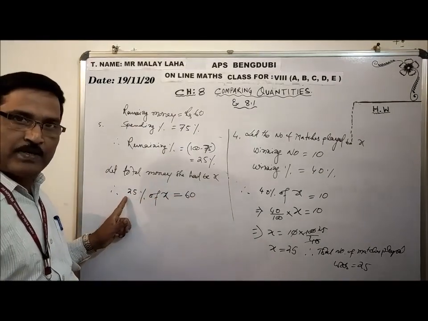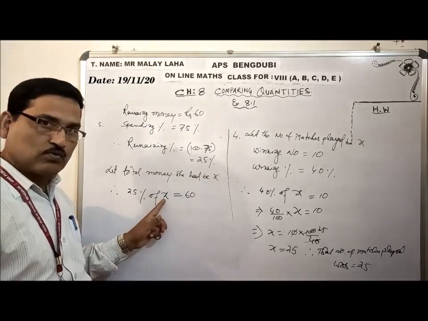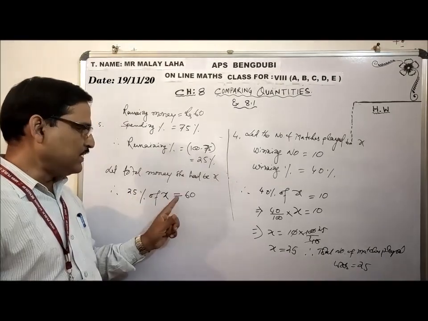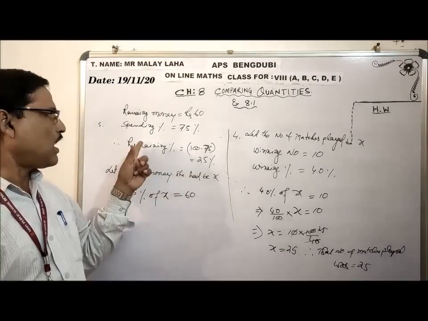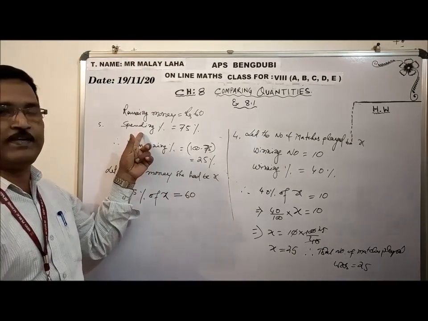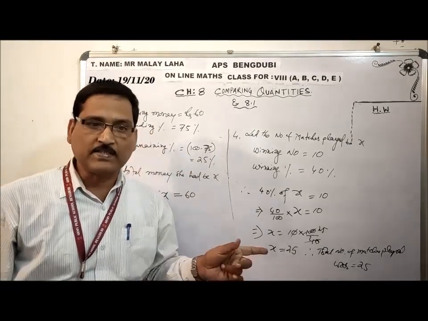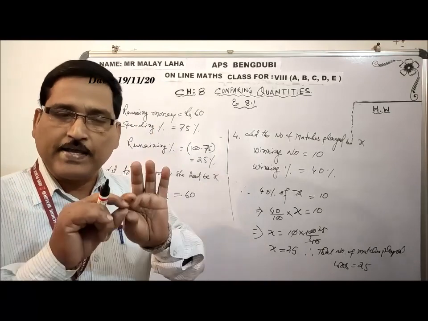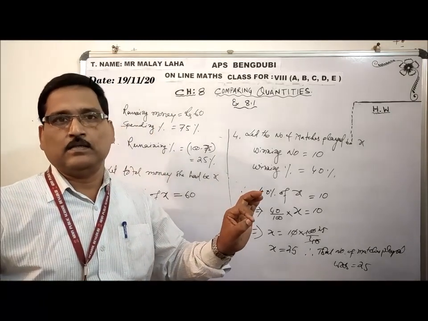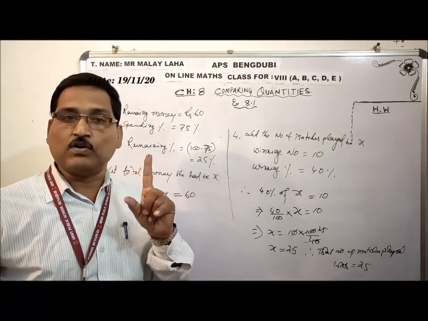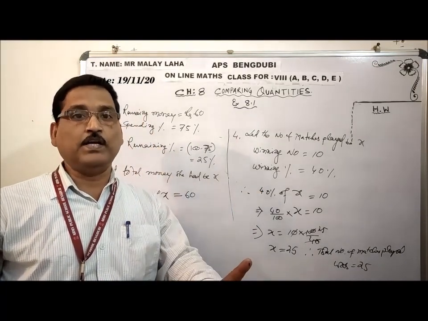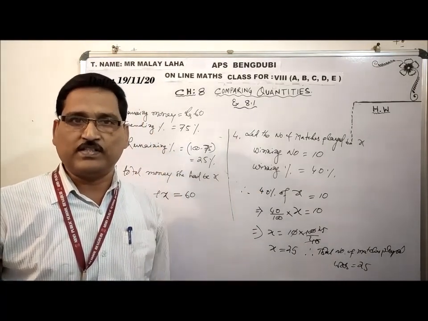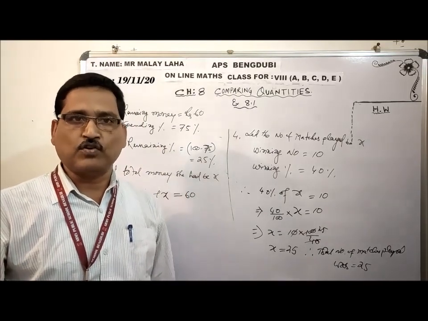This is the remaining percent of money, this is the total money, and the value of the remaining percent is 60. It is given in your book. But how did we get the remaining percentage? From the spending percent. From the spending percent and the remaining value, I cannot make a link. Whatever percent is given, the related number is required. If it is not there, try to find that number by some method.